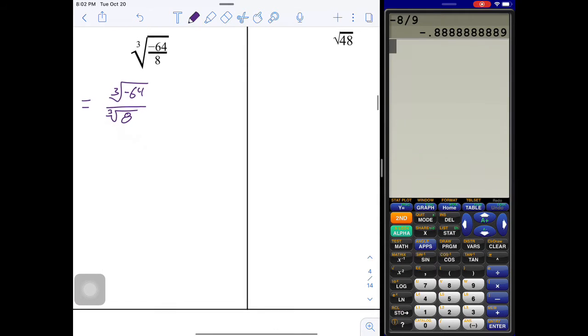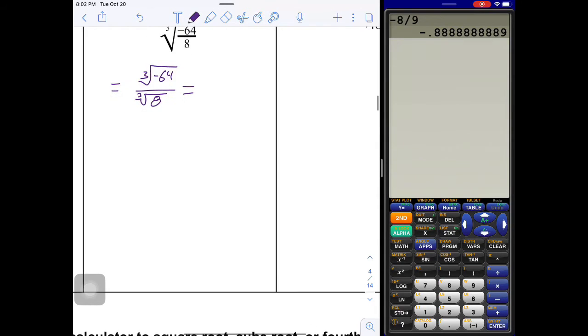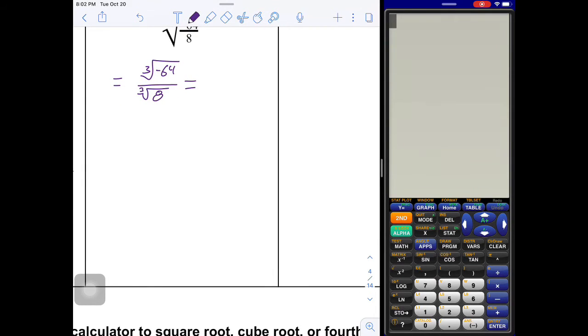Here, we can use our calculator, okay, if we want, but you should know at this point that 4 cubed equals 64. That means negative 4 cubed equals negative 64, okay?